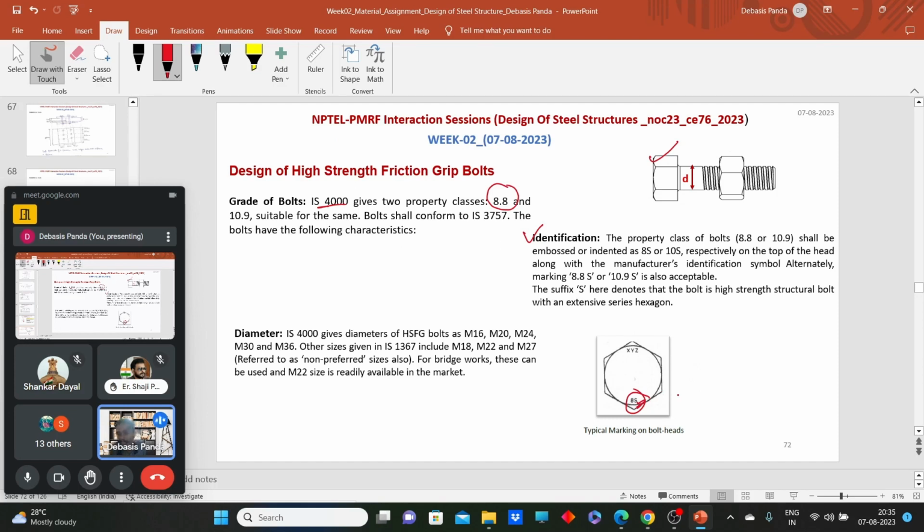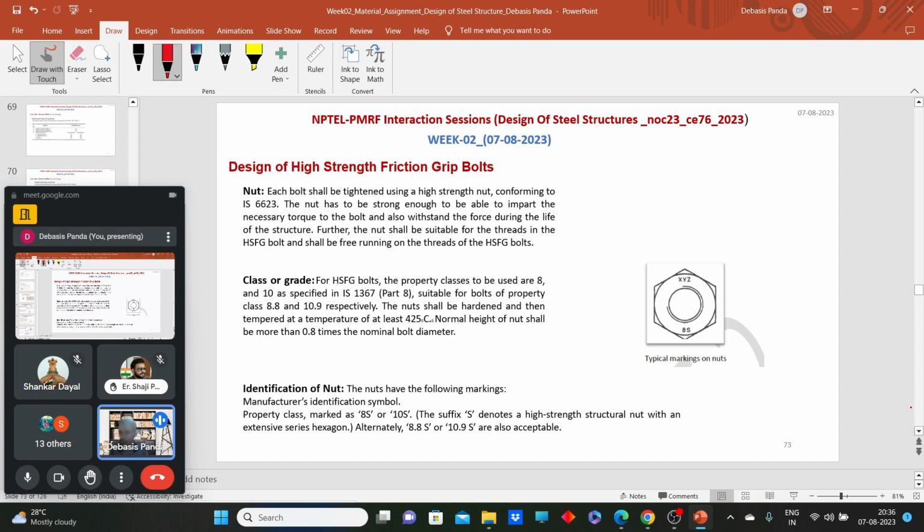That means the grade is 8 and the S means it's a high strength bolt, a frictional type of bolt. Generally the diameter we use is 16 mm or more. Subsequently, the nut also needs to be high strength like 8.8, and the nut also carries this mark of a high strength bolt.